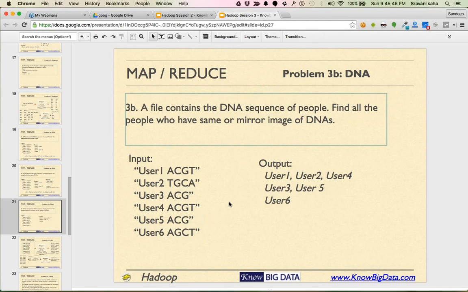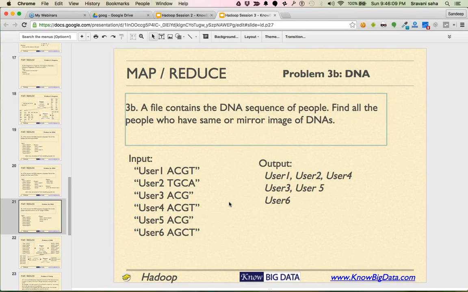So we have to come up with a strategy such that all the users whose DNA is either identical or reversed come together. There could be many strategies, or many levels at which we can play.